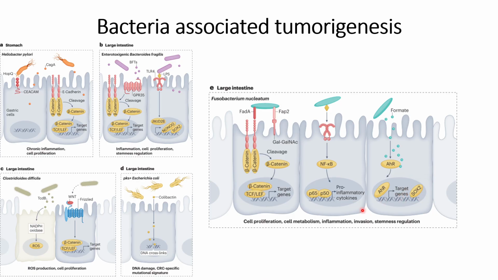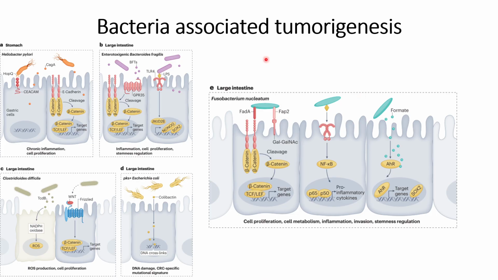So in total, this bacteria will cause cell proliferation, cell metabolism changes, inflammation and invasion, using upregulation of pro-inflammatory cytokines through NF-kappa B and SOX2 genes, and stemness regulation. In the target genes it will also upregulate some of the transcription factors related to the stem cells.